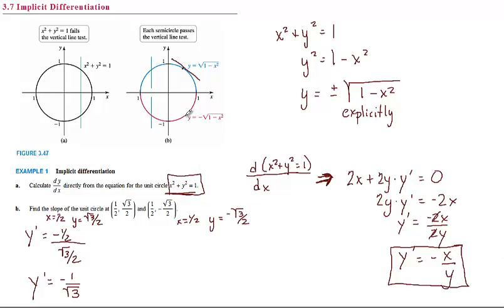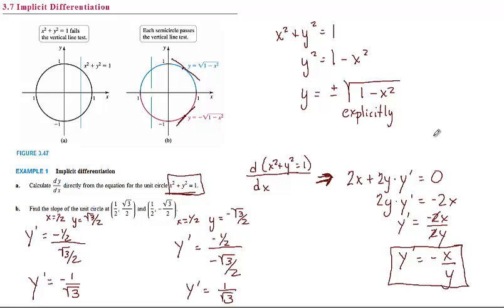That would be this point down here. Plugging in, y prime equals negative 1/2 over negative square root of 3 over 2. This I get y prime equals 1 over square root of 3. Same exact slope, same exact point, although this one is a positive slope.